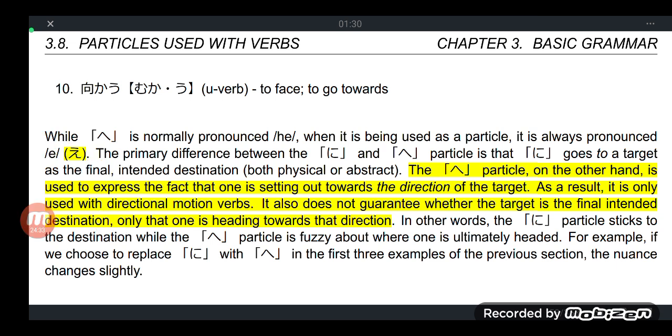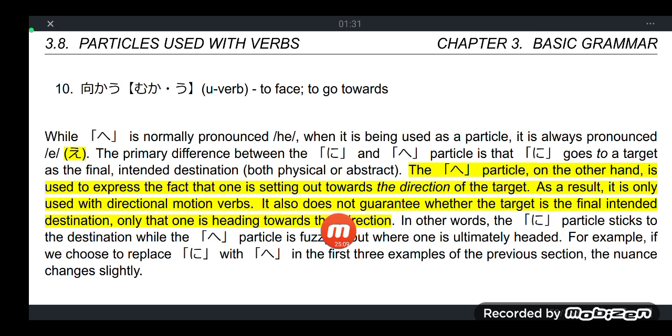Okay. So the difference: although e and ni are both closely related to places, there are some differences in nuance and usage. The e particle, on the other hand, is used to express that the one is just setting out towards, or heading towards, the direction of the target place.